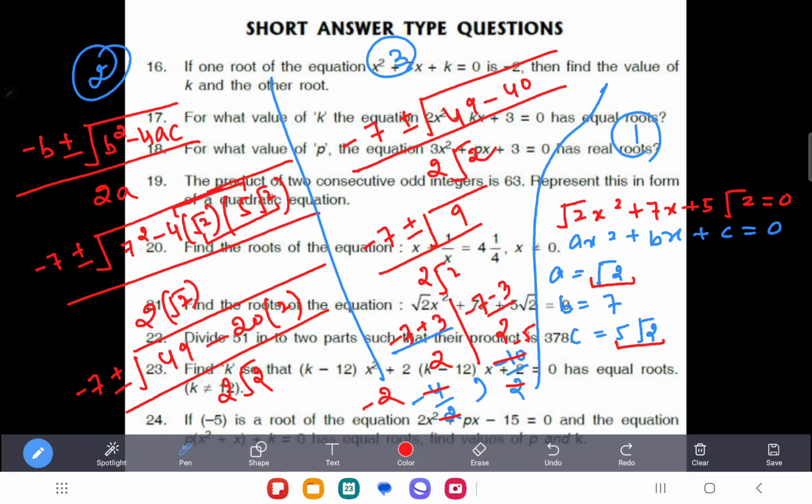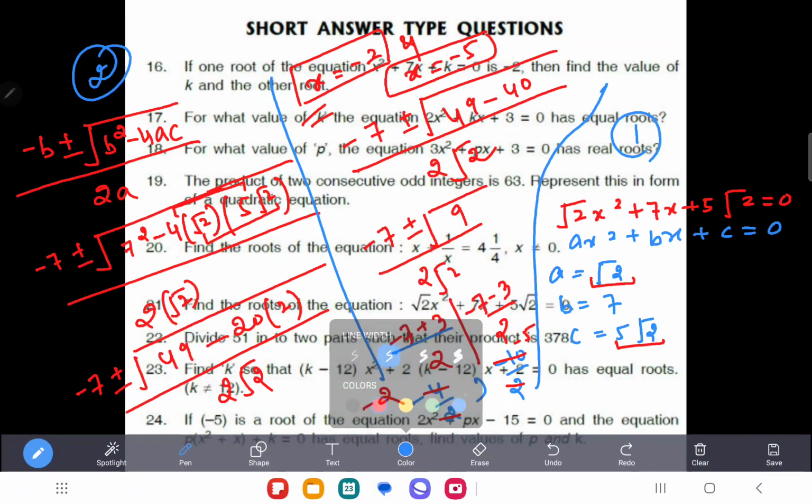So the two values of x that I have are x is going to be minus 2 and x is going to be minus 5. Understood or tell me? Because minus 7 minus 3 becomes what?